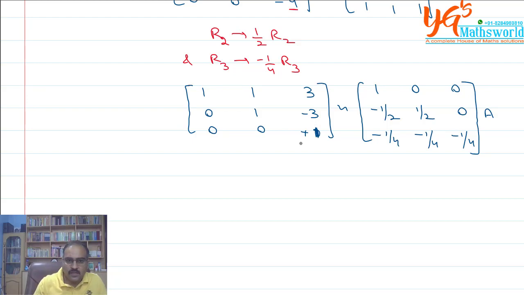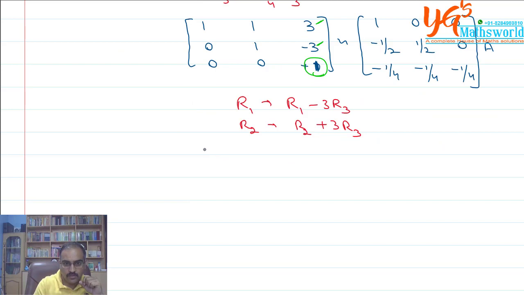Now, with the help of this element 1, I need to reduce these elements to 0. So I am going to apply on R1, that is R1 minus 3 times R3, and on R2, that is R2 plus 3 times R3.